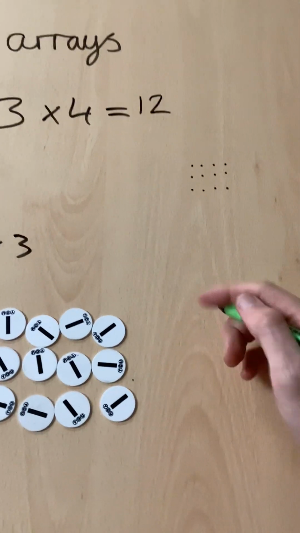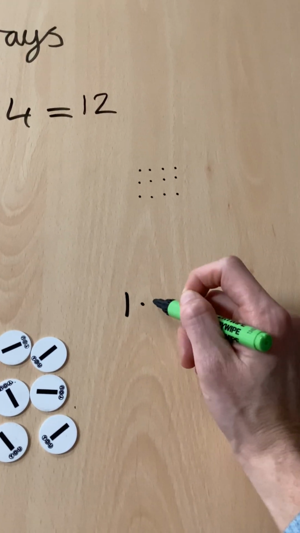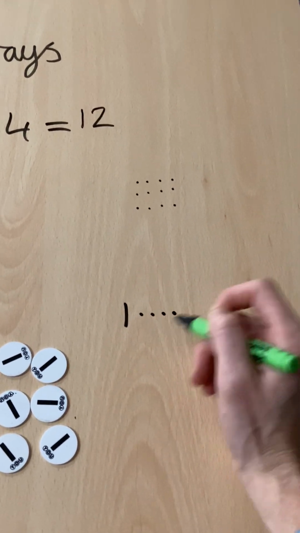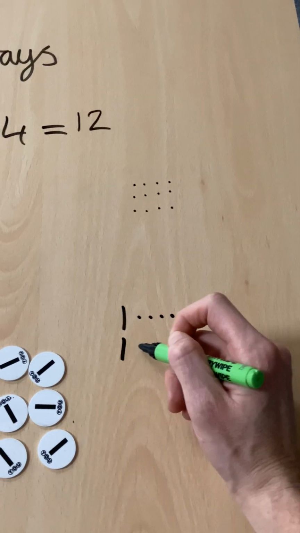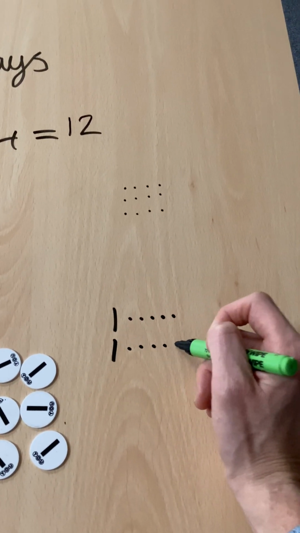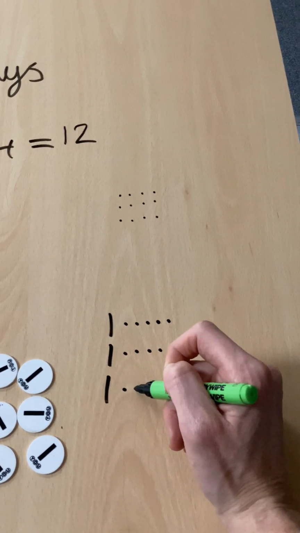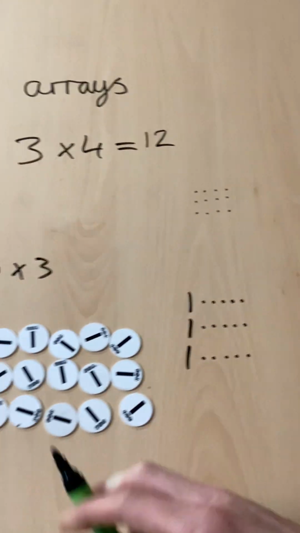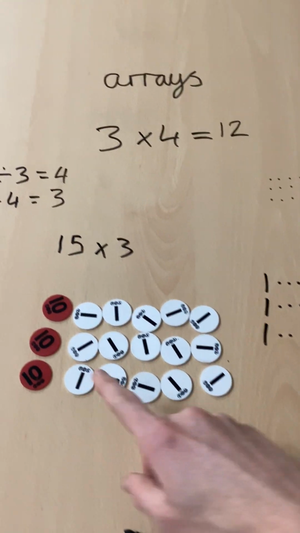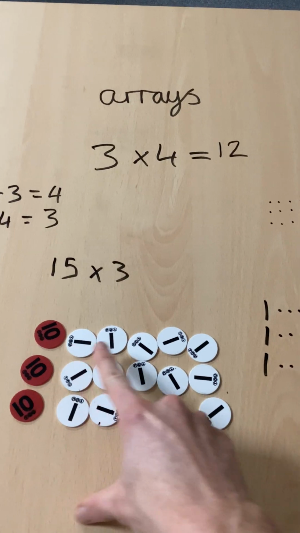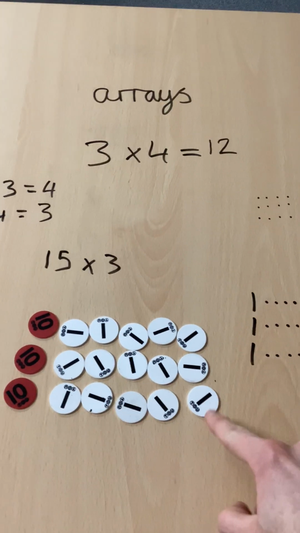Or if I prefer the drawing method, or I don't have the resources, I can draw 15 3 times. And then count how many I've got. 10, 20, 30, 35, 40, 45.